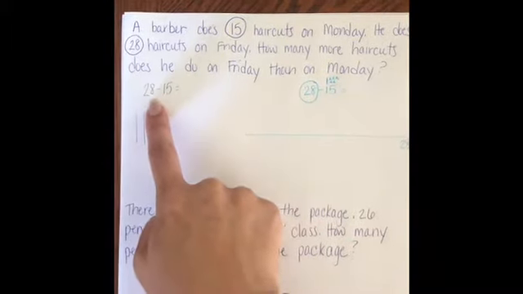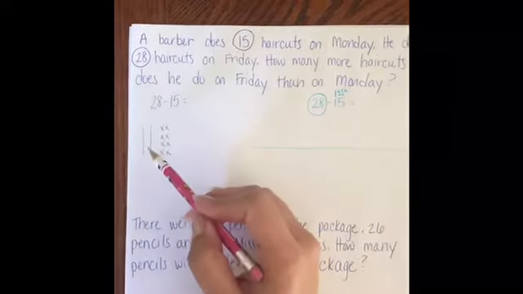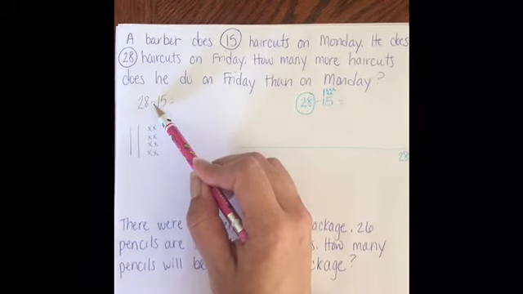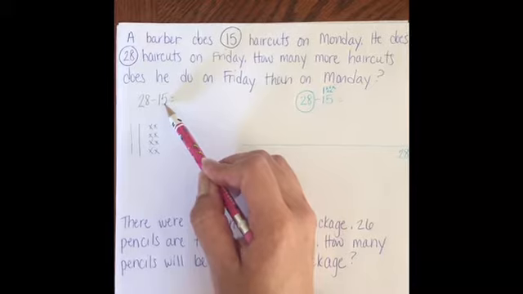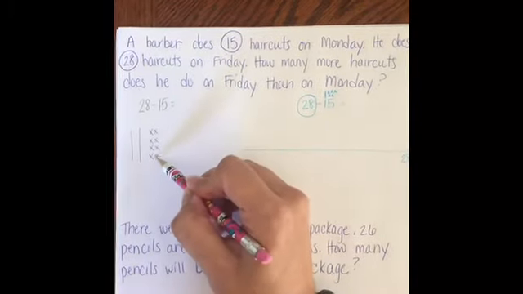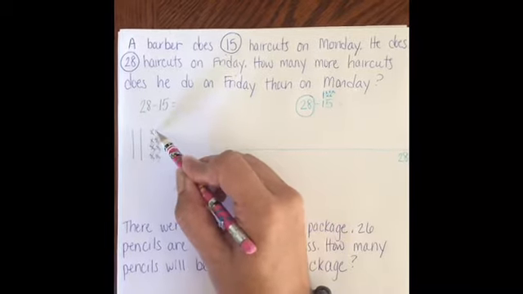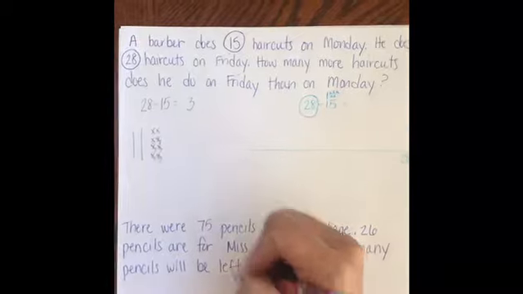So let's start with my base 10. I have 28, 2 rods, and 8 cubes. And I'm subtracting or taking away 15. So I can take away 5 cubes. 1, 2, 3, 4, 5. That leaves me with 3 cubes, or 3 in the ones place.